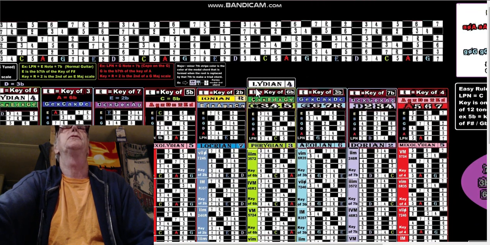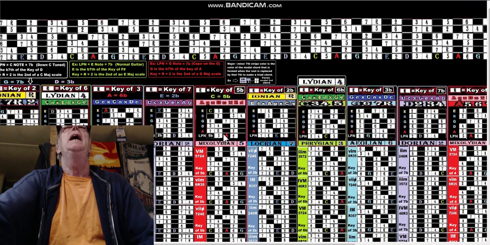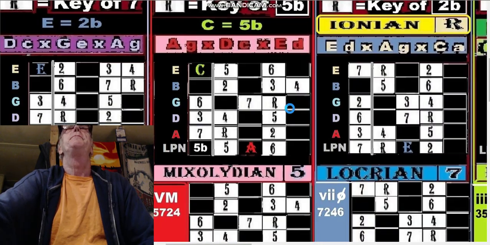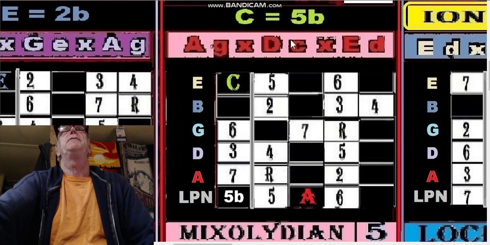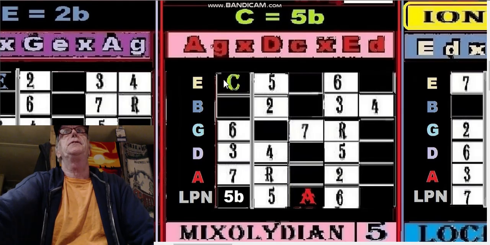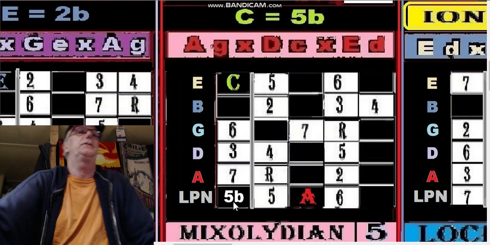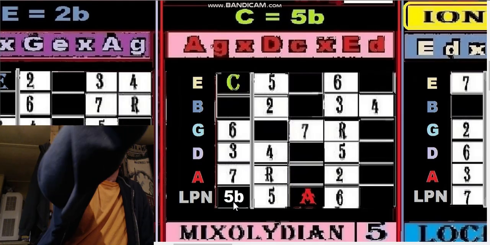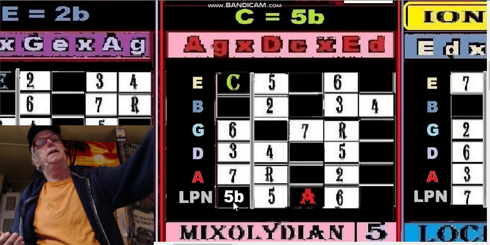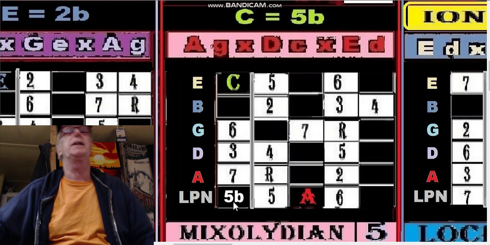We'll just scoot over to it right there. And this is the key of 5 flat. This is the box for the key of 5 flat. LPN equals C, the key equals 5 flat. This would be what it would be like playing in G flat, which is nice. The accidentals are a pentatonic scale at that point.